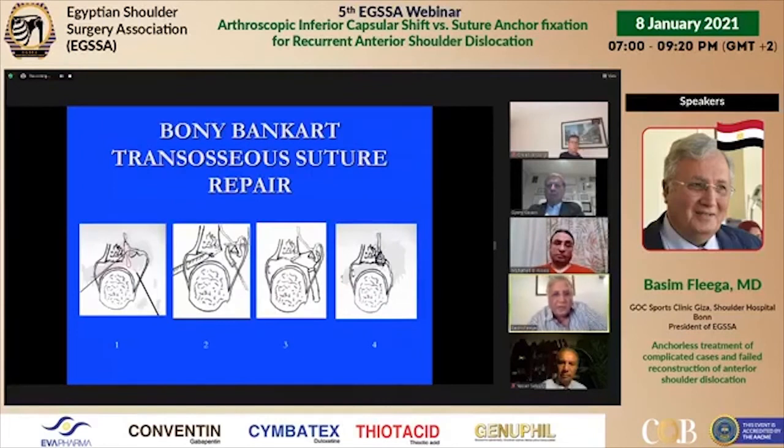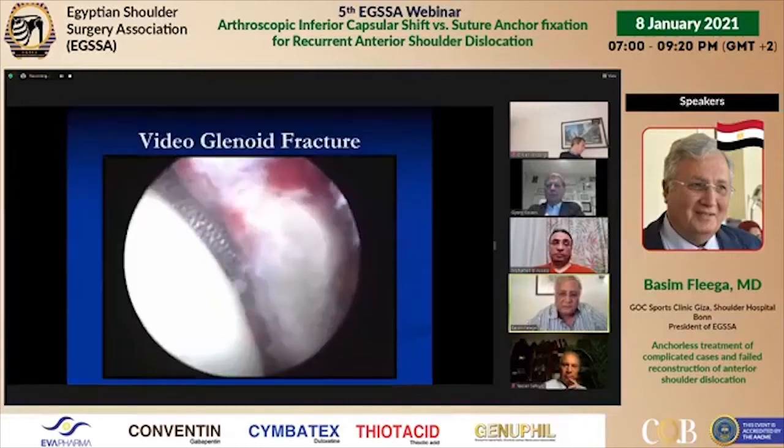In case of a bony Bankart, with the same transosseous repair as we do for the labrum, by putting the suture through the anterior glenoid and then through the labrum, and then tying the broken fragment back to the glenoid.